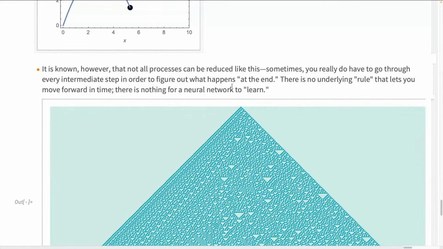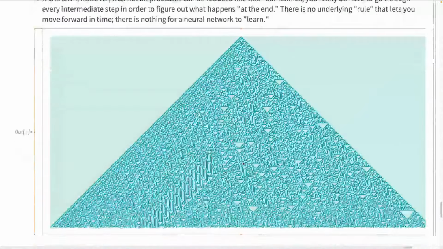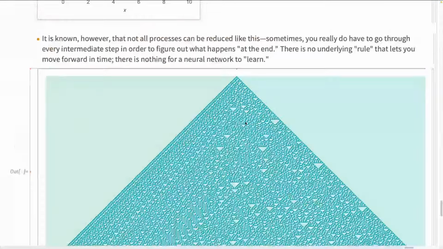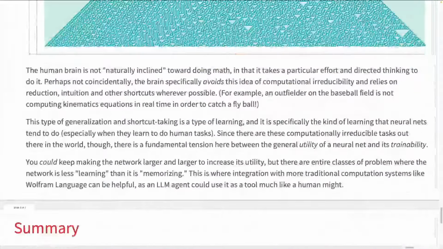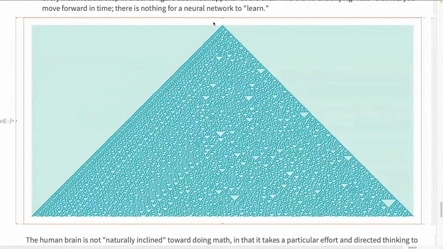However, not all processes can be reduced like this. People who have been paying attention to Wolfram for any amount of time will probably have run into cellular automata. Here's an example where it looks like there's an interesting structure. But the point is, even though there are simple rules to this thing, which I have not enumerated here, I enumerate them in a later talk, they don't let you skip forward in time.